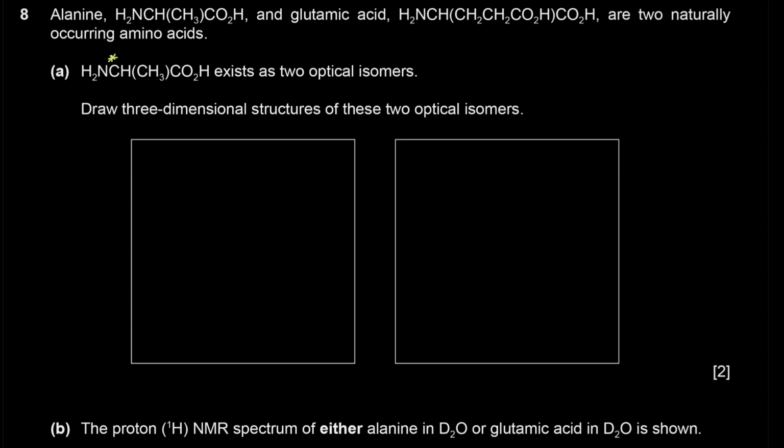We have a carbon atom that is bonded to a CO2H, a CH3, an NH2, and a hydrogen atom. If you look at the mirror image, the CO2H obviously stays on top. Whatever's closer to the mirror plane will appear closer in the mirror image as well.